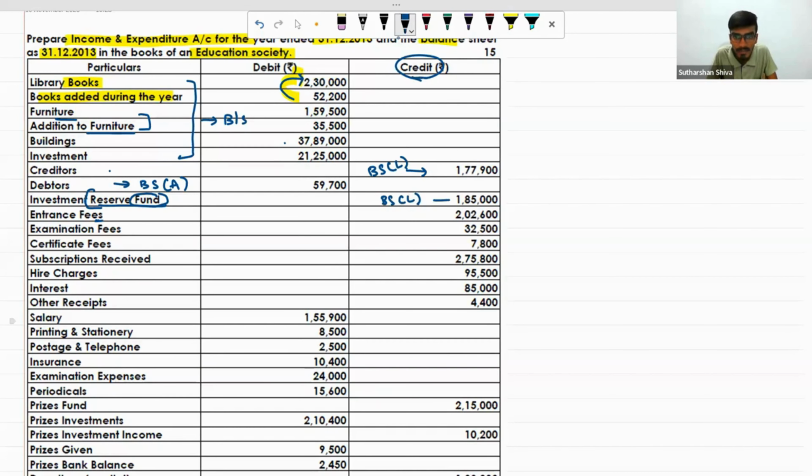Entrance fees, they have given it on credit. It doesn't mean that entrance fees is income, just because they have given it on the credit side. In those questions, we need to take an assumption whether we are going to add the entrance fees to capital fund. Here the question is silent, correct?